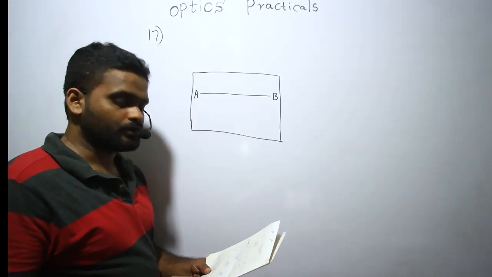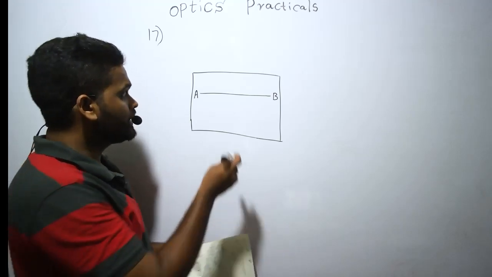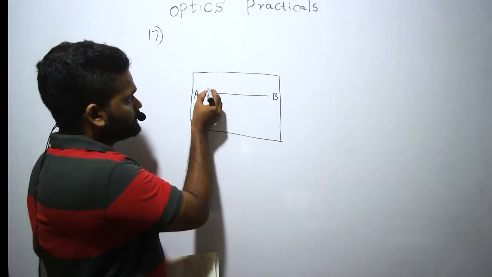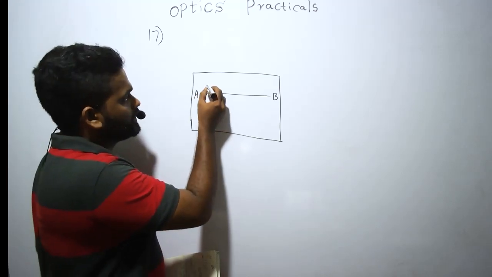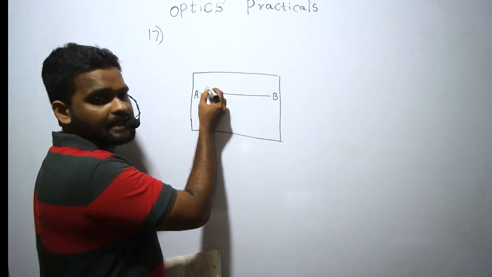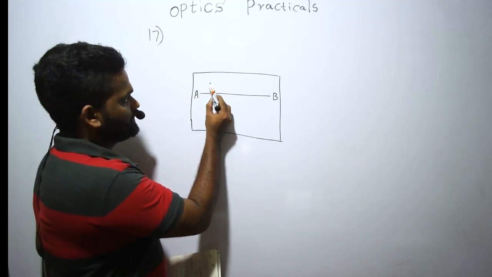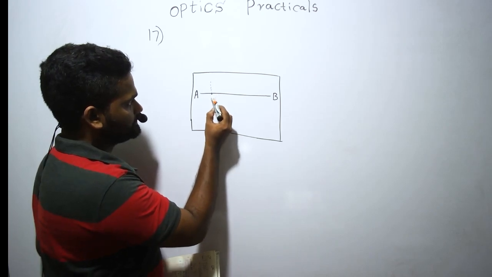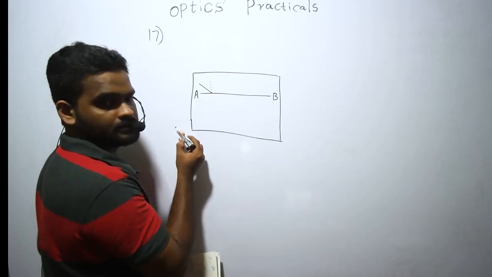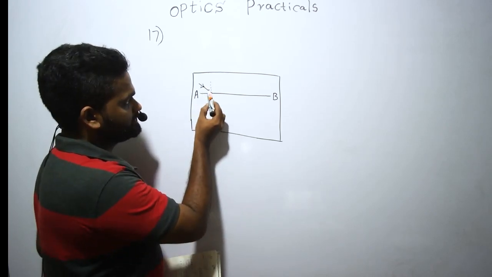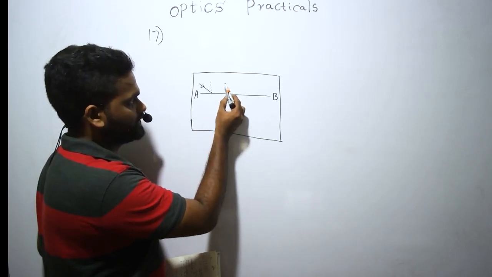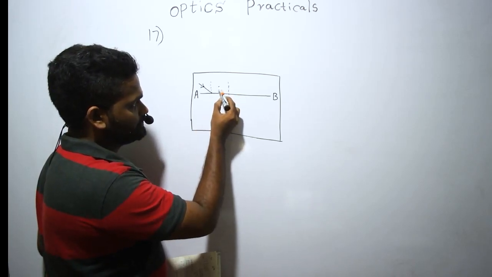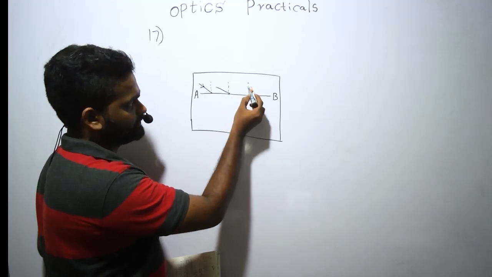So what are we going to do here? We are going to draw a bunch of incident angles. So here you draw, let's say this angle, 20 degrees. Then here you draw 30 degrees.